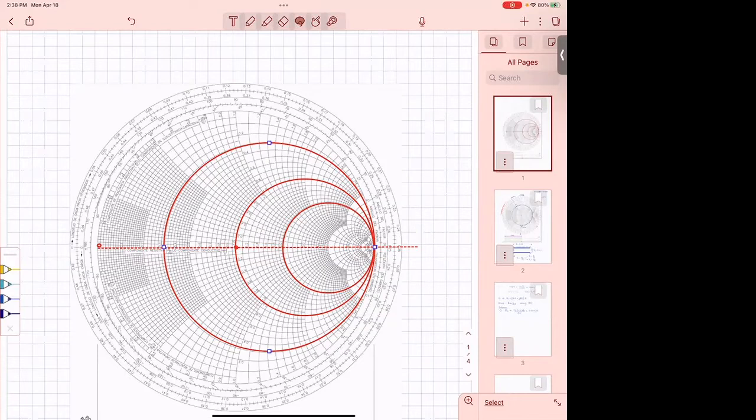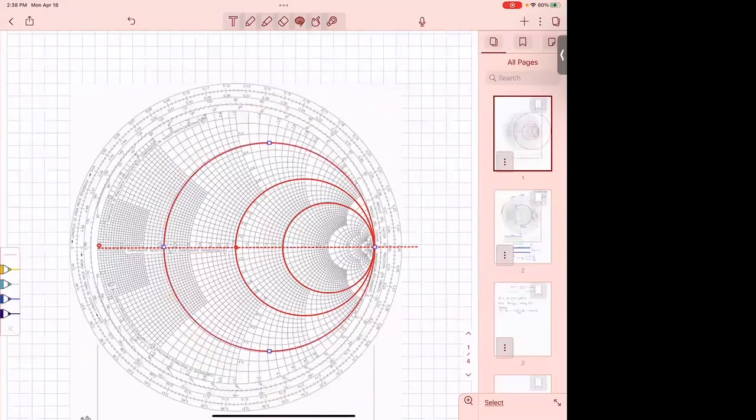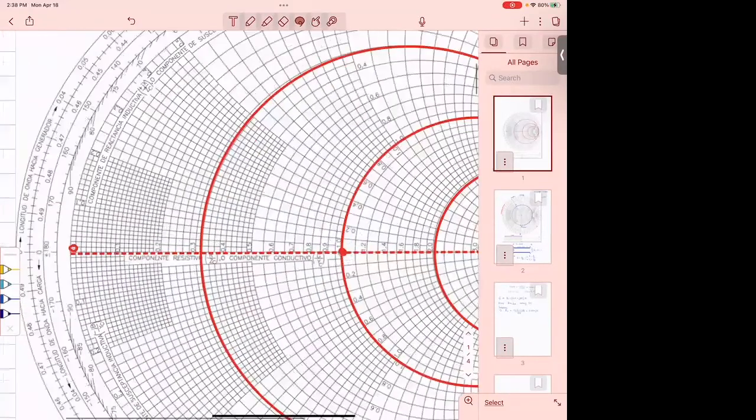All of the loads on this circle, and the large one, have a normalized value of 0.32. Yeah, here. You see 0.3, and that's another 0.32.